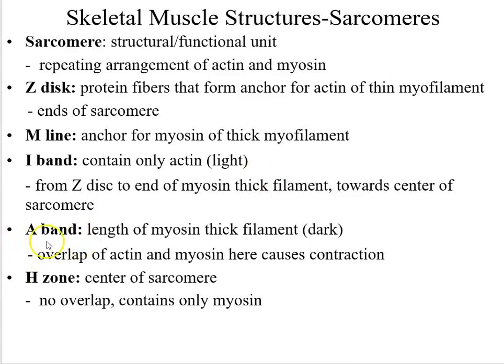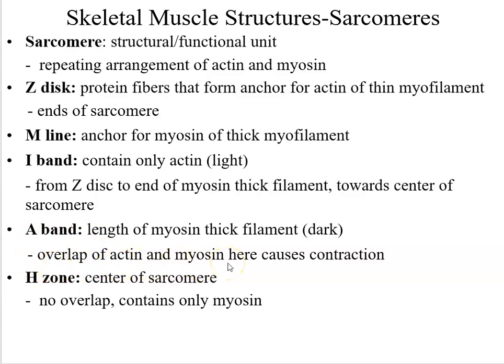Versus the A band. This spans the entire length of myosin, or the thick filament. Myosin is going to make a thicker filament with more protein, so this A band area stains darker. This is our dark stripe or dark band. Within the A band, there's an even darker area where there's overlap between the two.